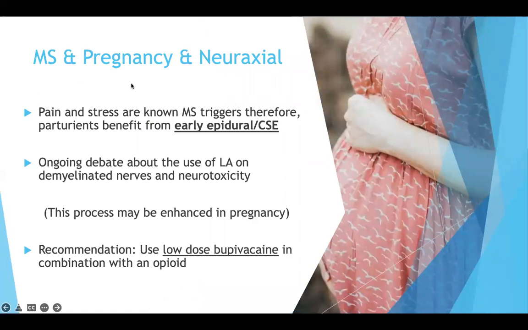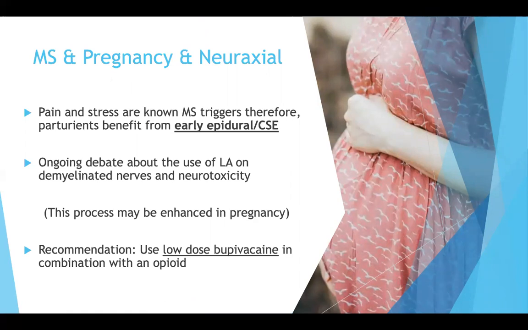In terms of multiple sclerosis and pregnancy, we do know that pain and stress are well-known triggers for MS, and therefore parturients will benefit from early epidurals and CSEs. However, there's an ongoing debate about the use of local anesthetic on demyelinated nerves and neurotoxicity.